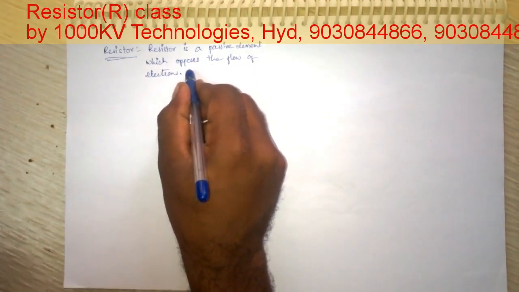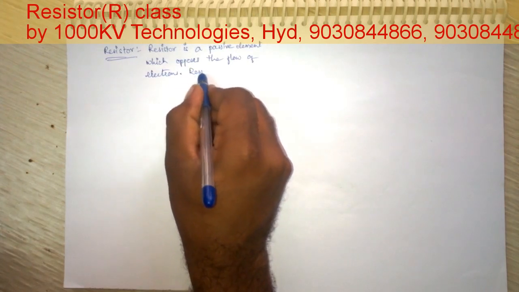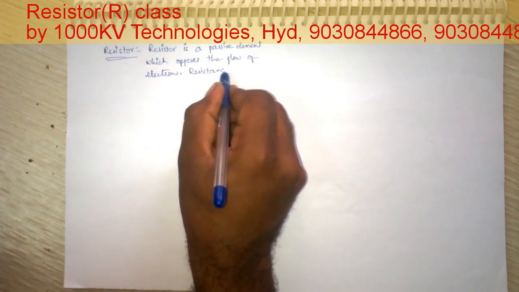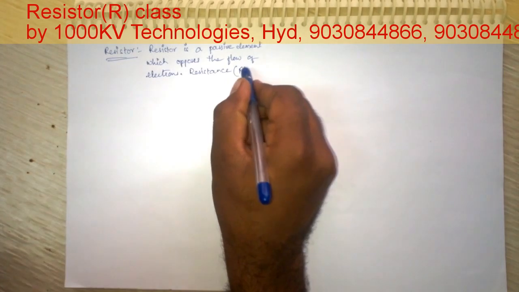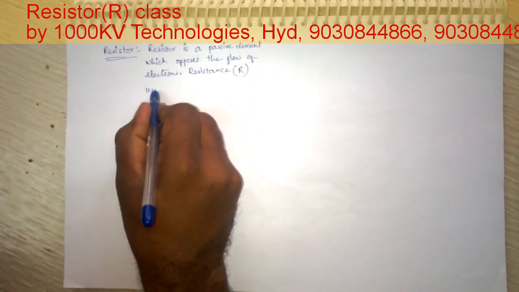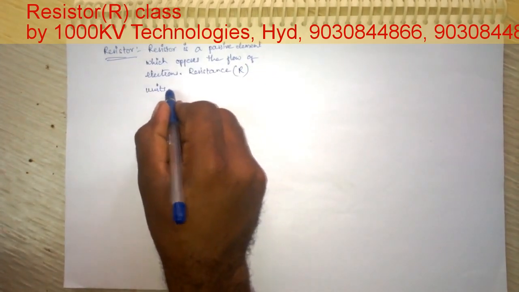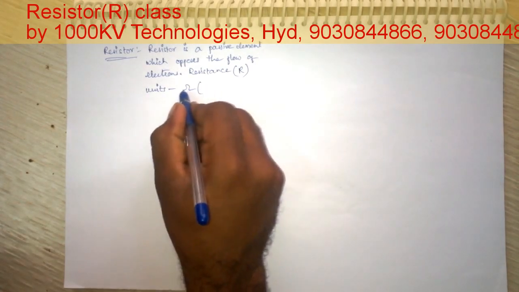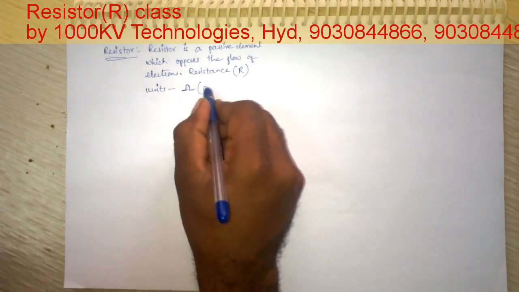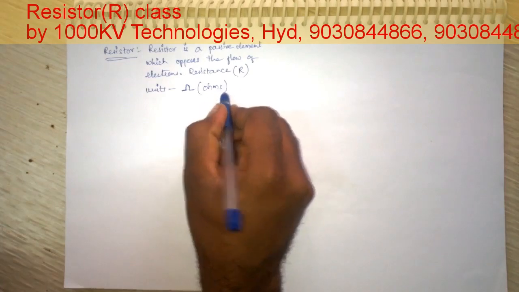And the property exhibited by resistor is the resistance, denoted by R, and the units are ohms, denoted by this symbol.